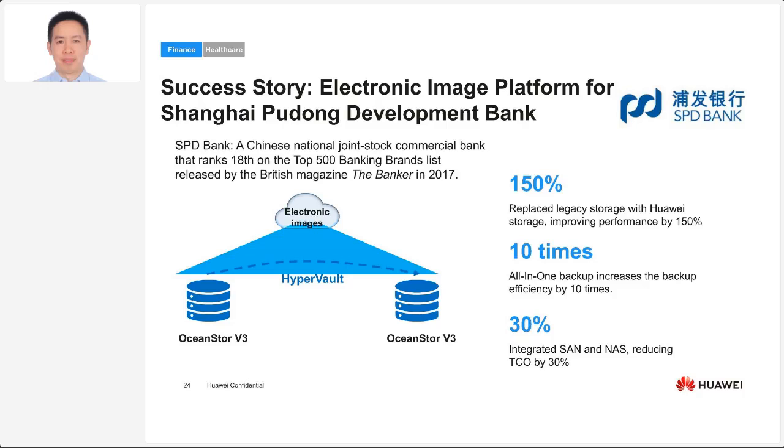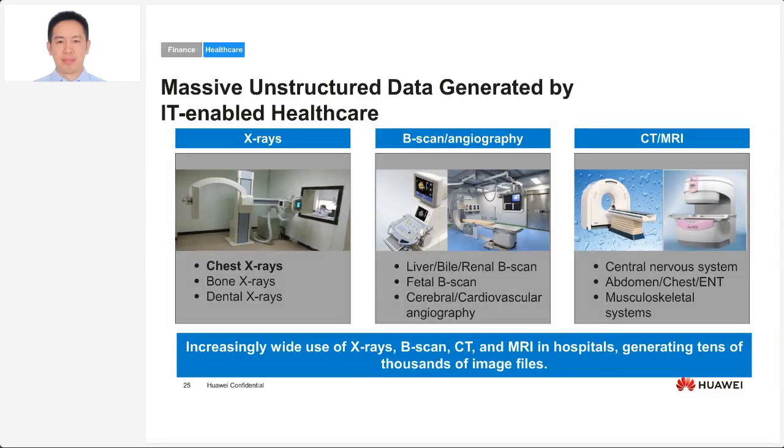We also consolidated the SAN and NAS systems, reducing the TCO by 30%. That's actually a huge saving for the customer. That's one of the large banks in China which adopted Huawei's file system, which we call NAS storage.